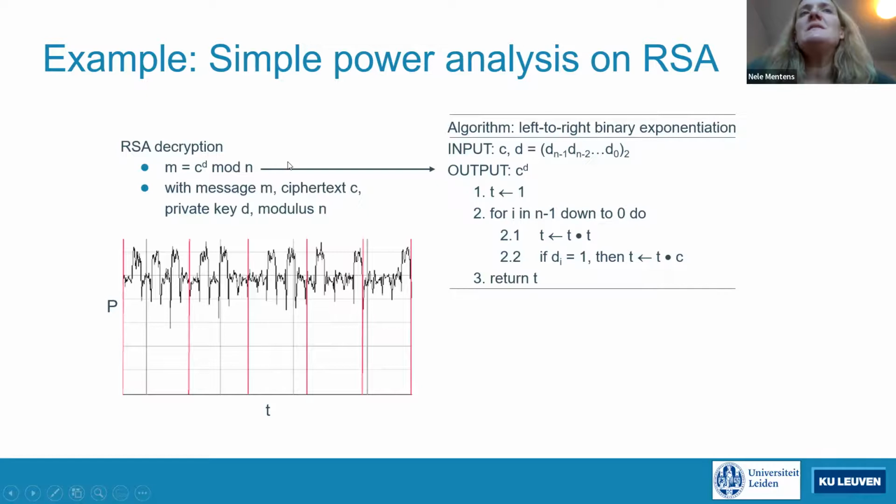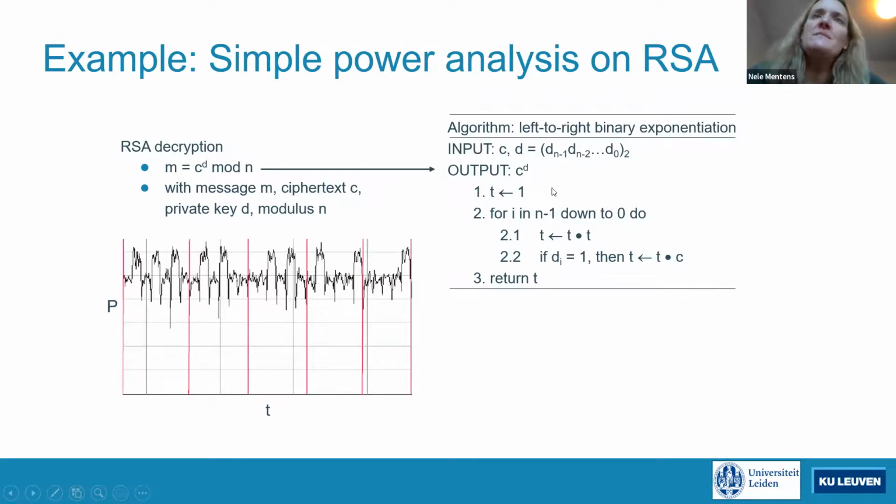Now, how can this be implemented in practice? This modular exponentiation can be implemented, for example, as consecutive modular squarings and multiplications. I should have written mod n here, but you can just think that it's always there. The typical algorithm that is used for this is left to right binary exponentiation.